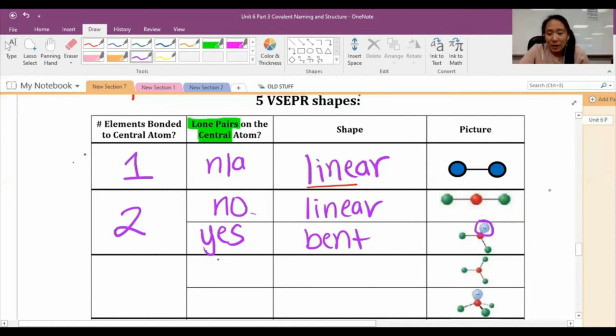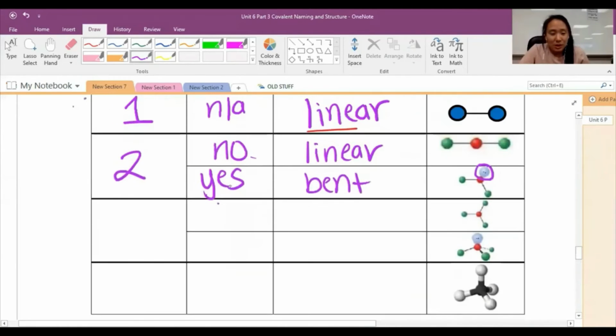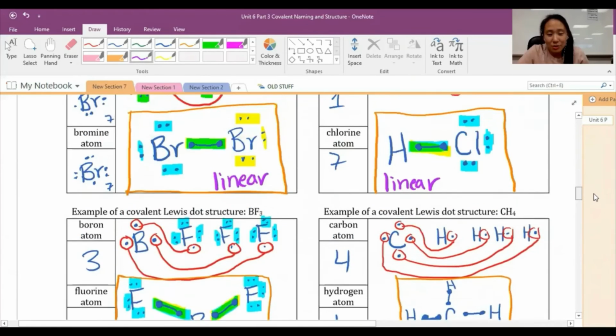The next couple of shapes on here, right? So third, if there are no lone pairs on the center, we call it trigonal. So think tri meaning three or attached to three, and then we say planar. Planar meaning that it's flat, okay, it's flat. And there's an example of this up here actually.